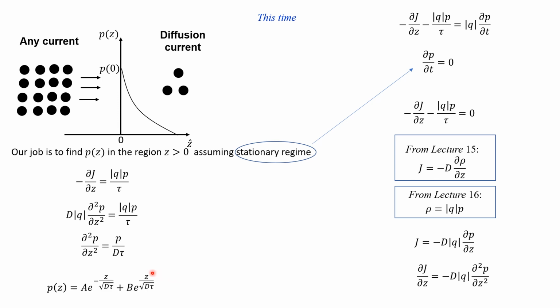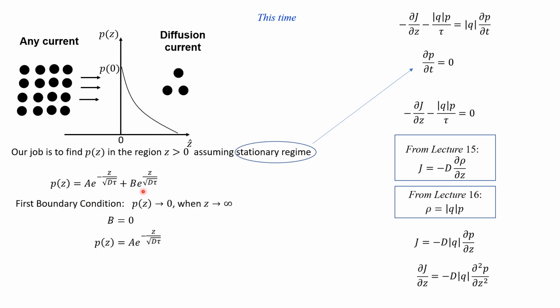And the solution to this equation is a sum of exponentials. We have the square root of the denominator here because we have two derivatives, and we can have also negative or positive signs. So you can check for yourself that if you take the second derivative of p of z using this expression, it gives p divided by D tau. It's very straightforward to do that.